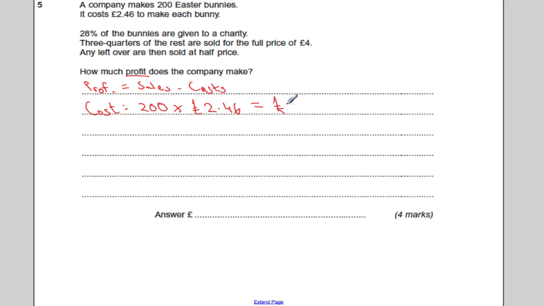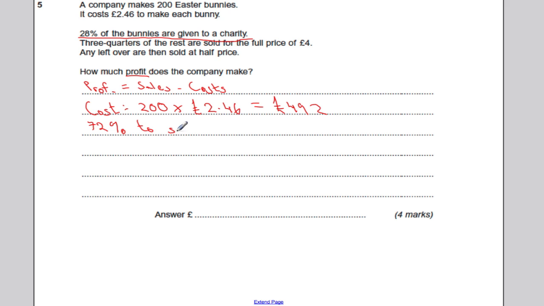So they're spending £492 making the bunnies. 28% are given to charity. So if we think about it, if they're given to charity, that means they're going off for free. So that leaves them with 72% left.